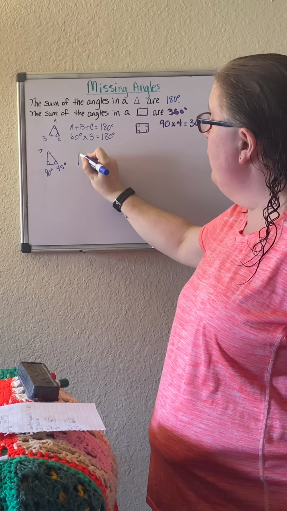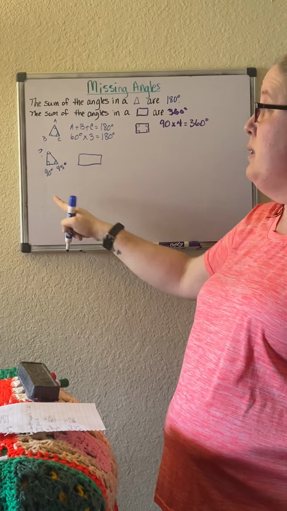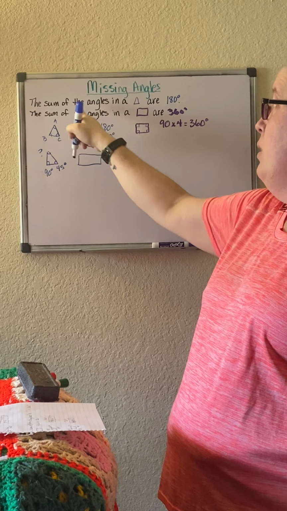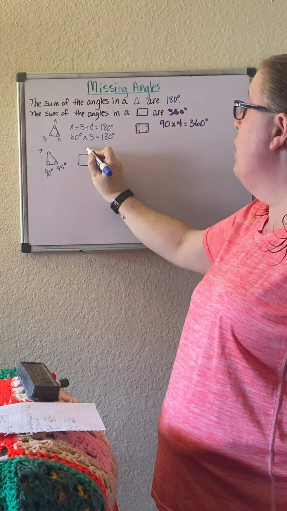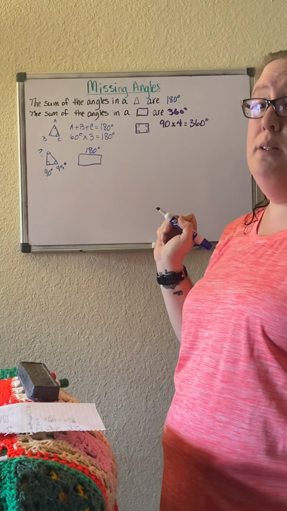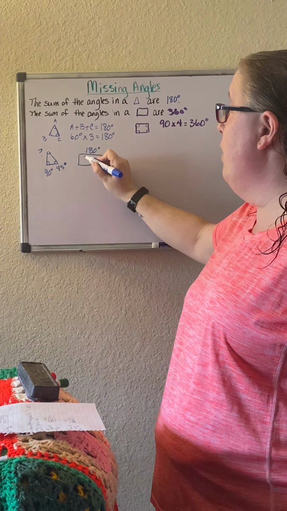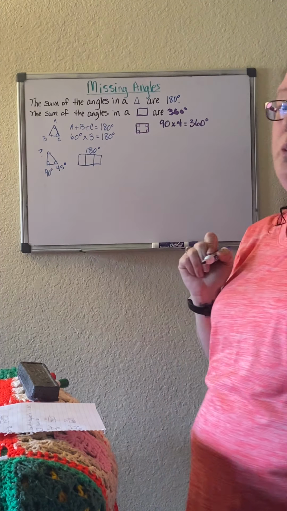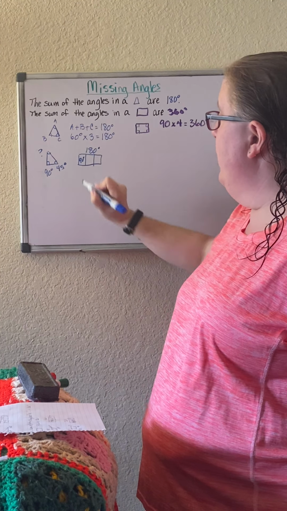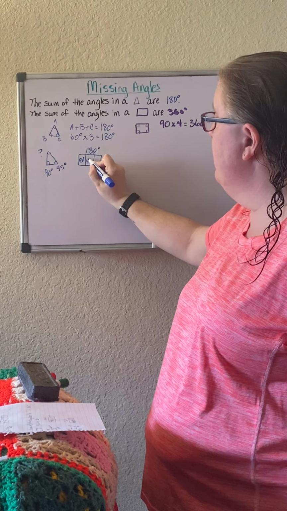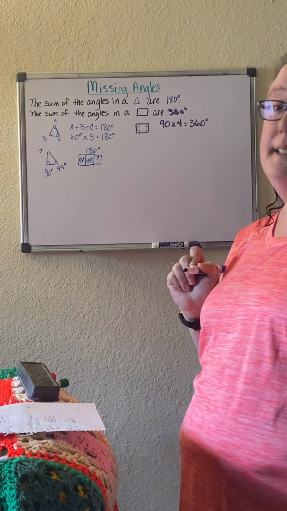So if I draw my strip diagram, I know my total because if I add up all of the angles, it is 180 because it's a triangle. I don't have to figure that out. I already know it. Since there are 3 angles, there are going to be 3 parts. I know that this angle is 90 degrees and this angle is 45 degrees. What I don't know is this angle.